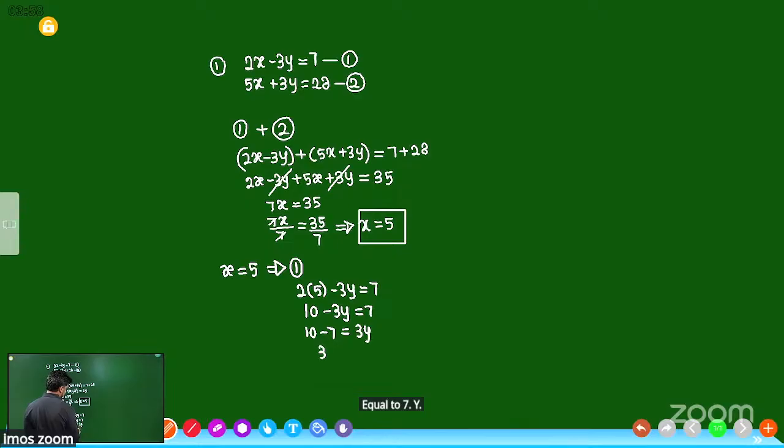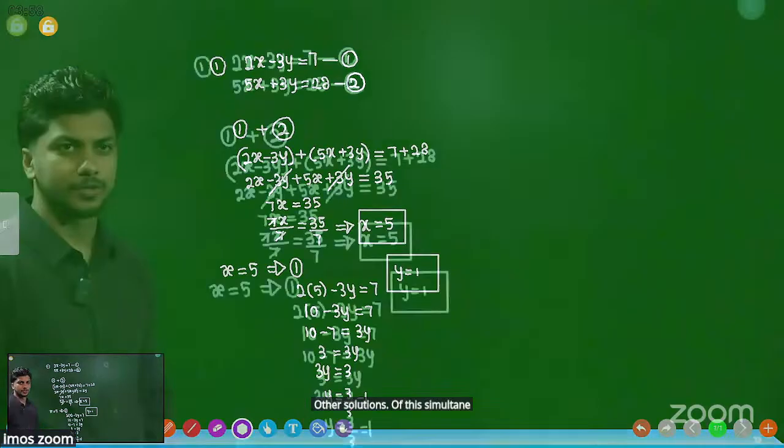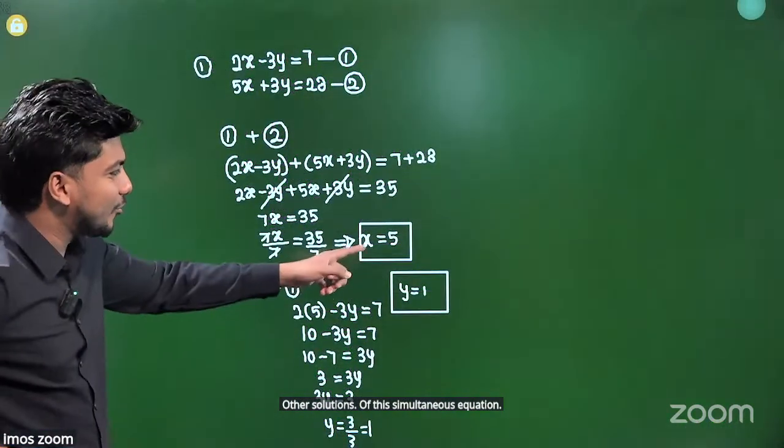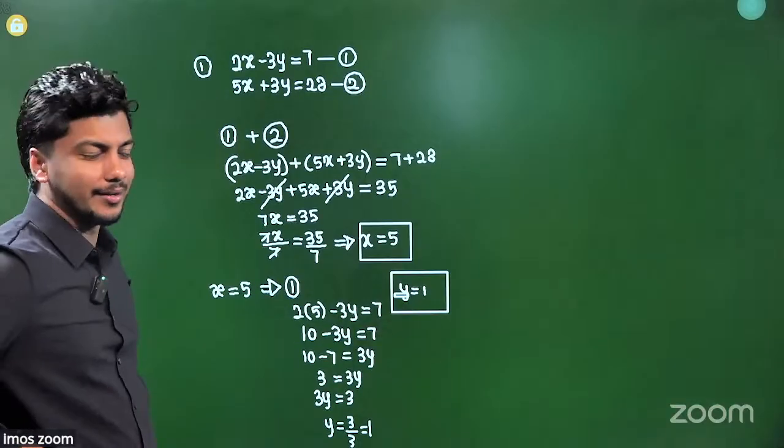So 3 is equal to 3y. 3y is equal to 3, no? So y equal 3 over 3. So y equal 1. And the solutions of the simultaneous equation are x equal 5, y equal 1.